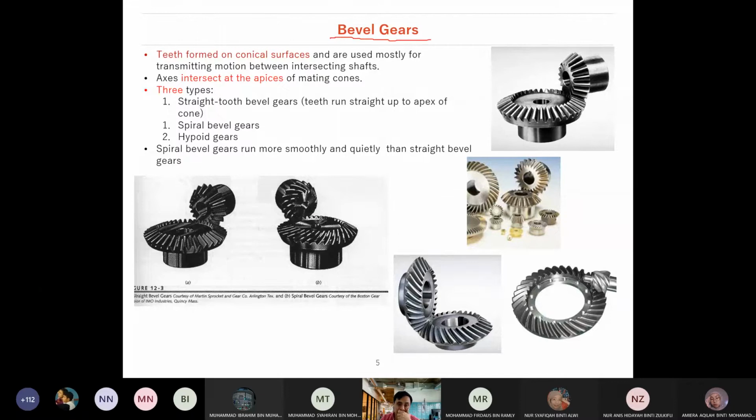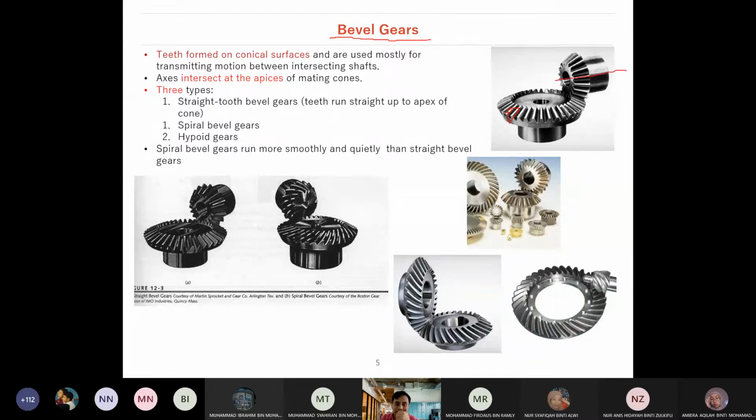So what is a bevel gear? Bevel gear usually has teeth that are already cut, instead of straight, they are cut here so that we can have two perpendicular shafts. Why do we call it perpendicular shafts?